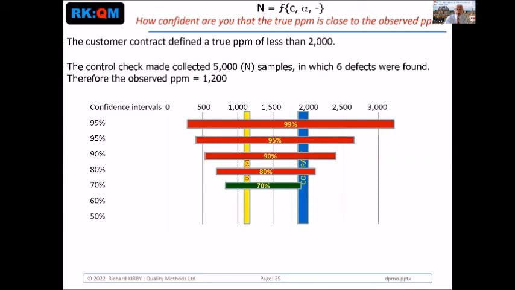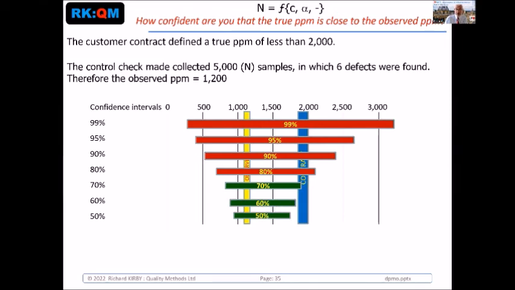That means only 2 out of 3 occasions we shall be correct and deliver with a defect rate less than 2,000. On the other occasion, we may deliver product with a defect rate greater than 2,000, or we may isolate stock thinking it's worse than 2,000 when it's good. And as confidence drops, the band shrinks.